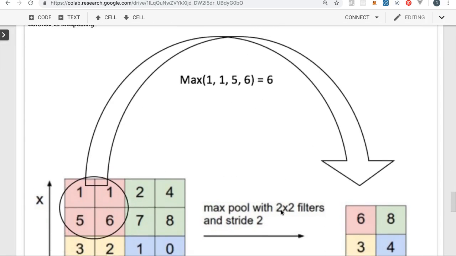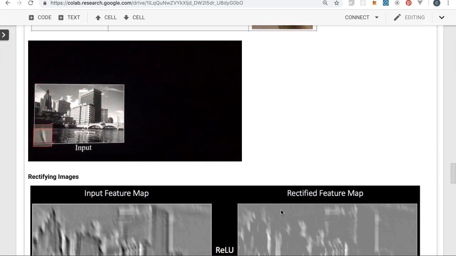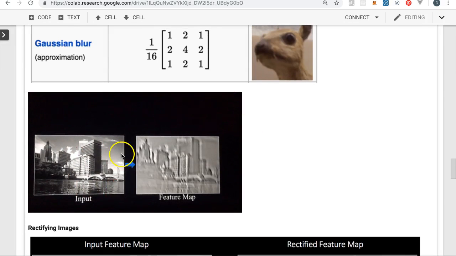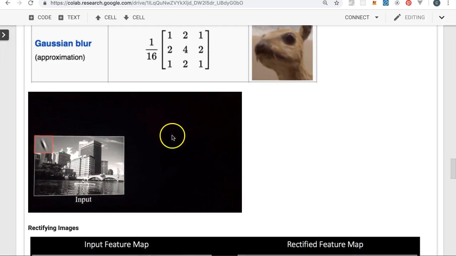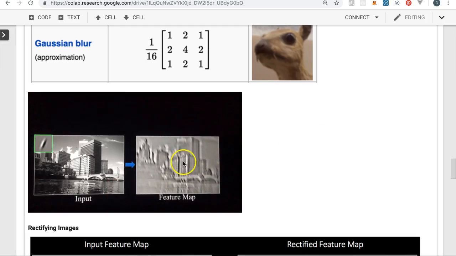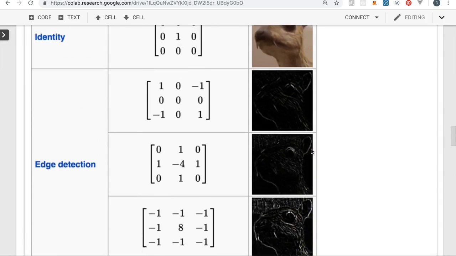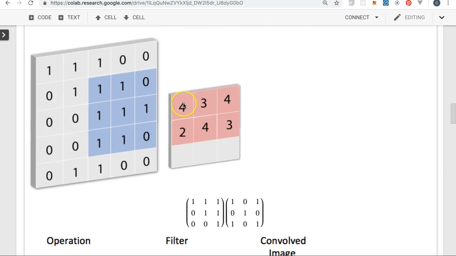So what we're looking at is trying to figure out where are these edges, where are these particular features that may be adding up to that. And every time it's doing that, it's creating a new vector.